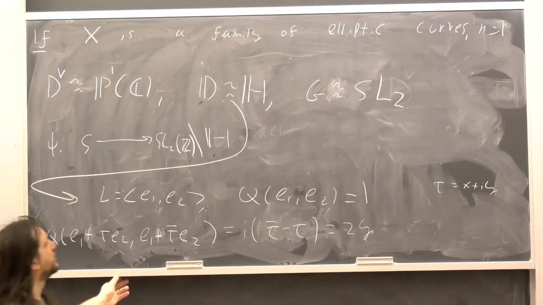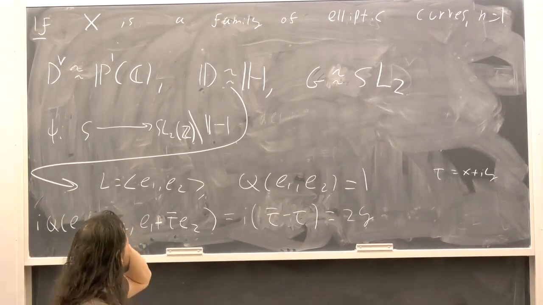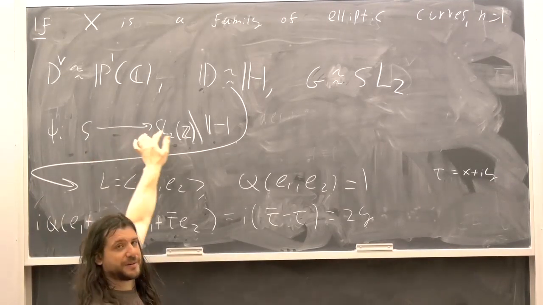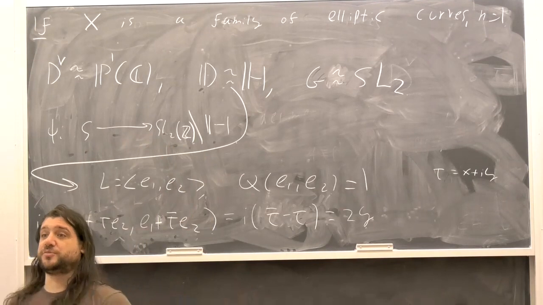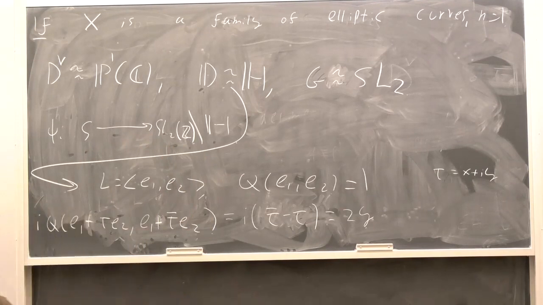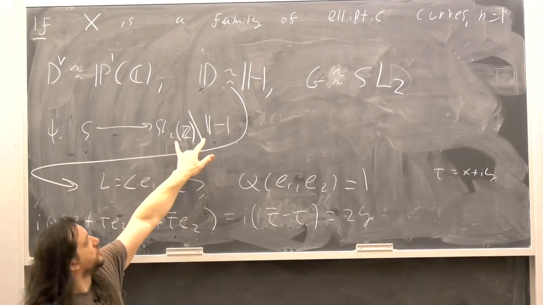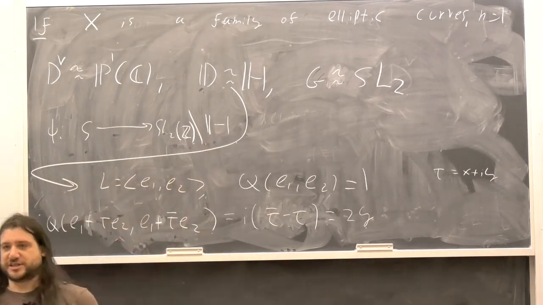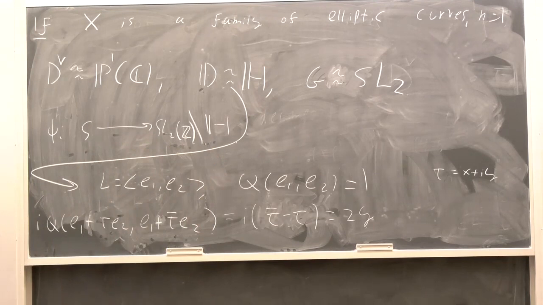J is a coordinate. And so even though a priori this is just a holomorphic map, we actually end up getting an algebraic map, if S is an algebraic variety, from S to H mod SL2Z thought of as an algebraic variety. And that's not surprising. If we have an algebraic family of elliptic curves, the J invariant is also algebraic, and so we expect to get an algebraic map.